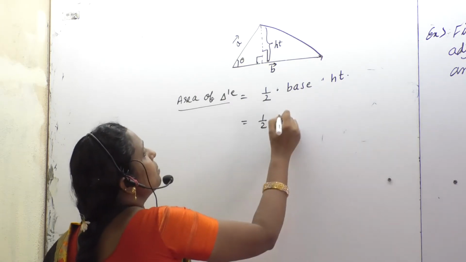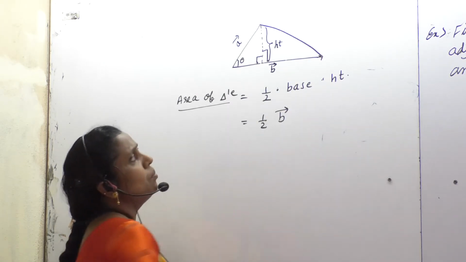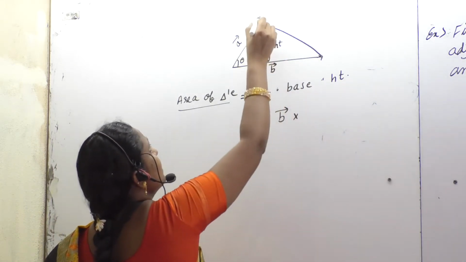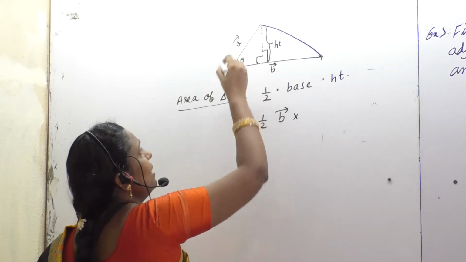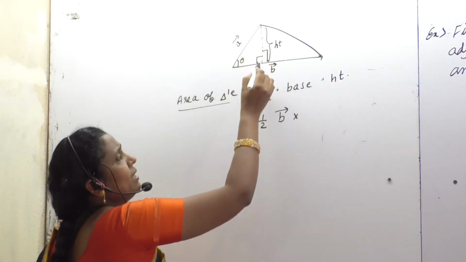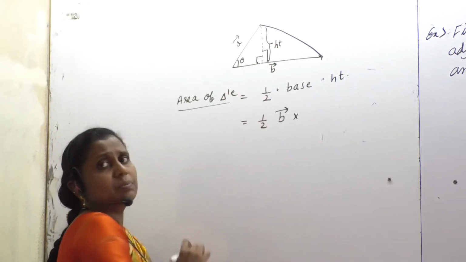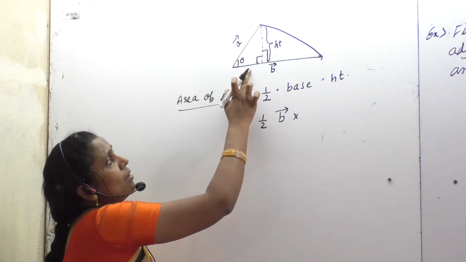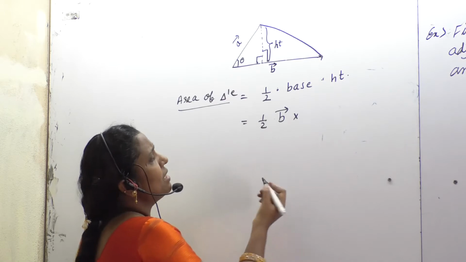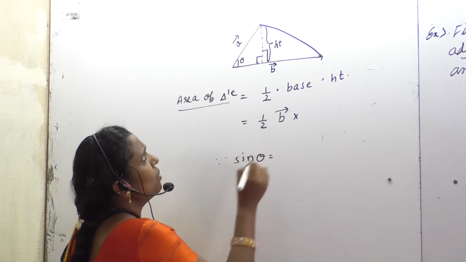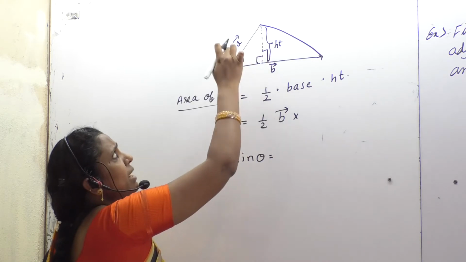Okay, base is nothing but B, and height, what do you mean by height in this triangle? See, this is our triangle. Which is a right angle triangle, this much portion. Okay, in this portion, what is sine theta equal to? Tell me. Sine theta is equal to opposite by hypotenuse.